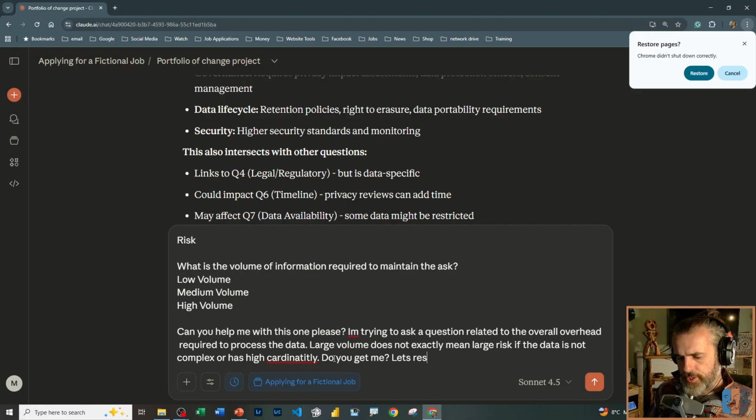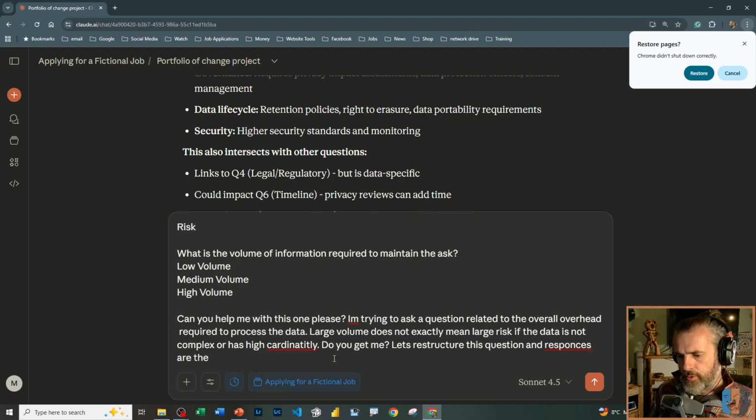Let's restructure this question and responses around the overhead required based on how much data we need and its complexity.